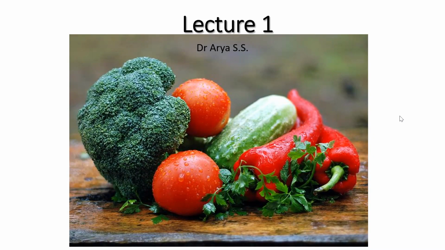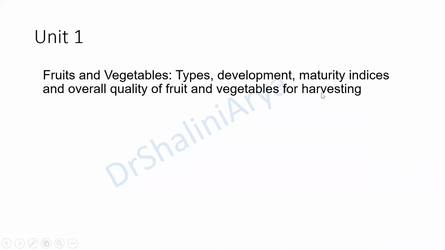Hello everyone. We are going to look at technology of fruits and vegetables, lecture 1, which basically talks about fruits and vegetables in general, their types, their development, their maturity indices, and what are the overall quality of fruit and vegetable required for harvesting.